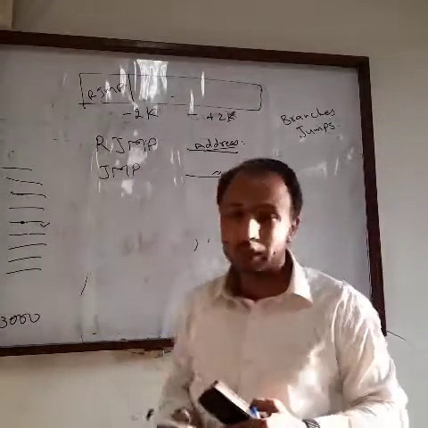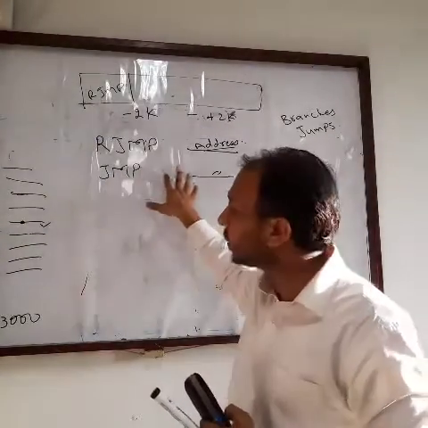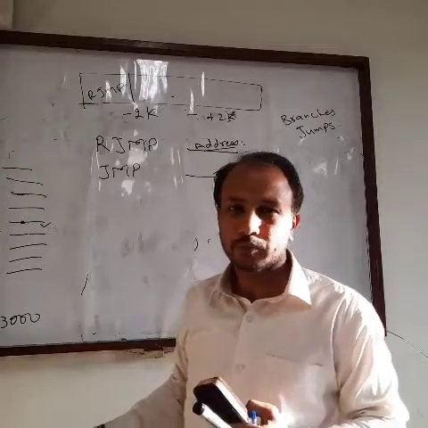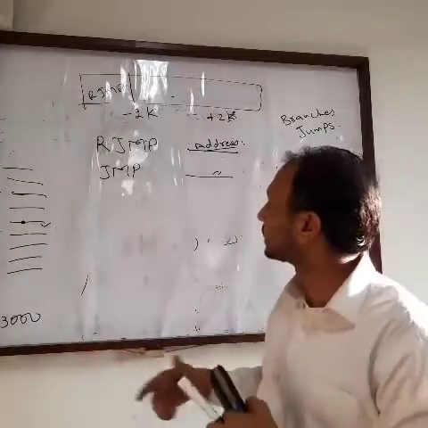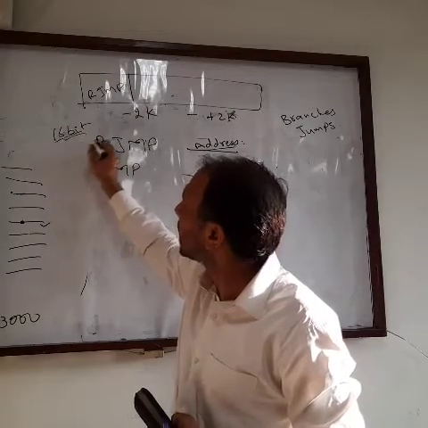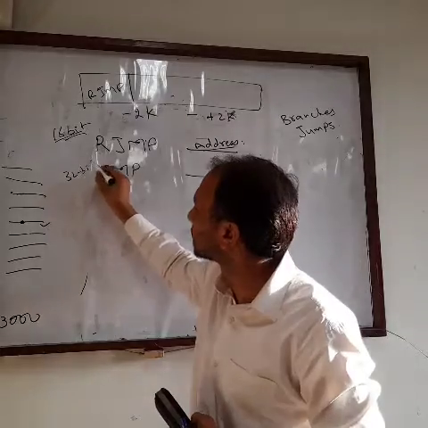So what is the solution? The solution is JMP. Here you can move to any part of your memory on the full size. This instruction is a 16-bit instruction and this instruction is a 32-bit instruction.